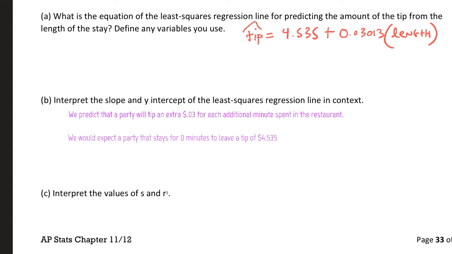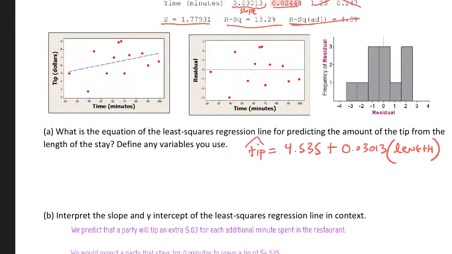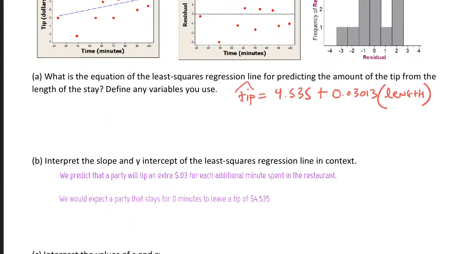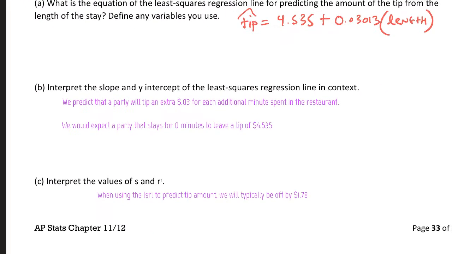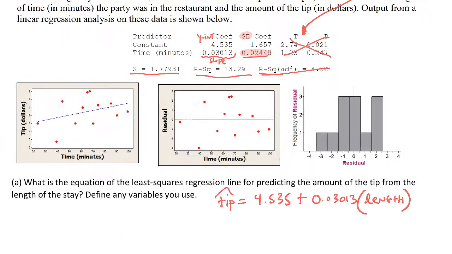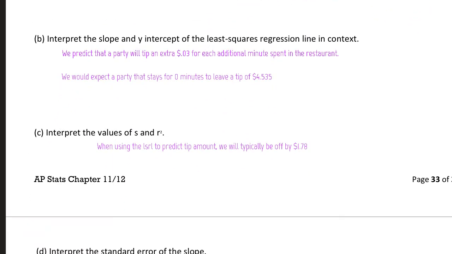Interpret the values of s and r squared. Okay, r squared is the big complicated one, but s is pretty easy. When using the regression line to predict the tip amount, the y variable, we will typically be off by $1.78, and that came from the underlined number up here. Okay, r squared is 13.2%.